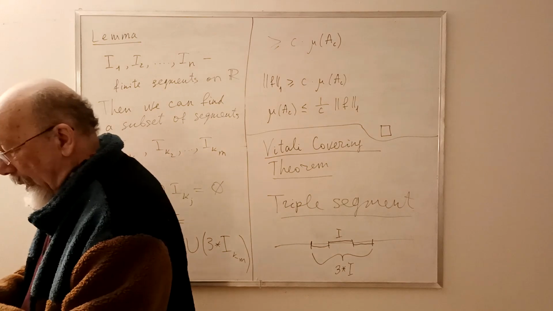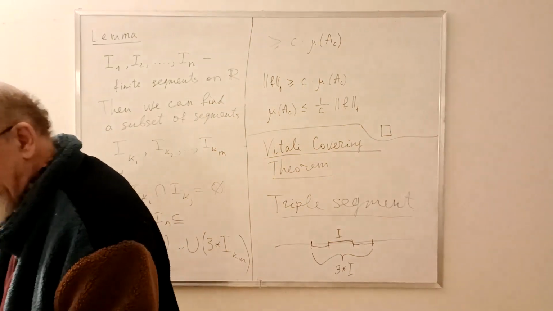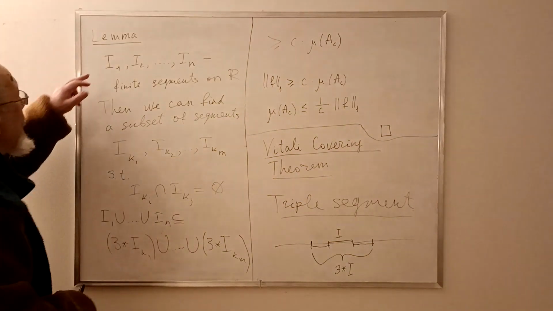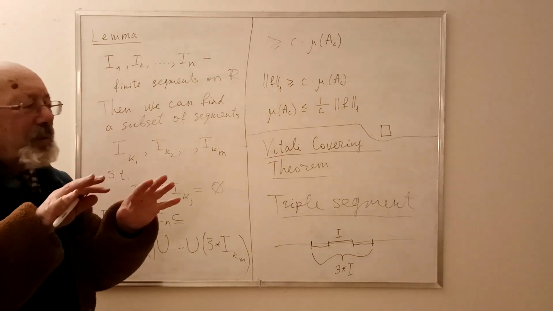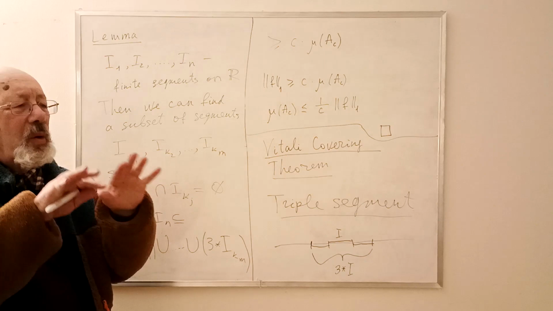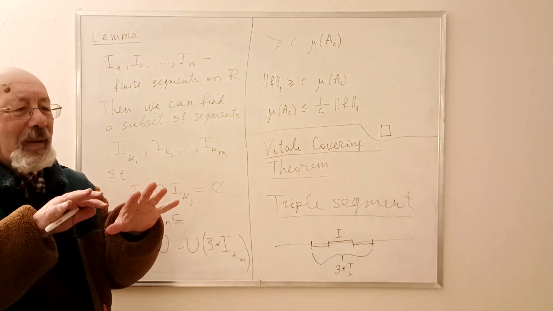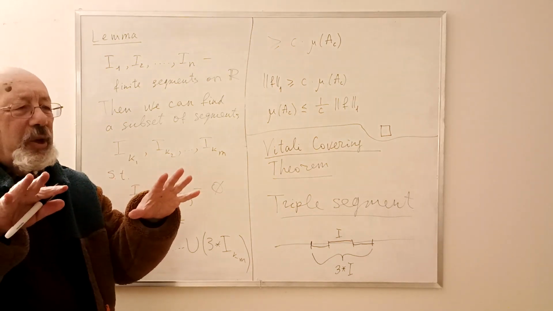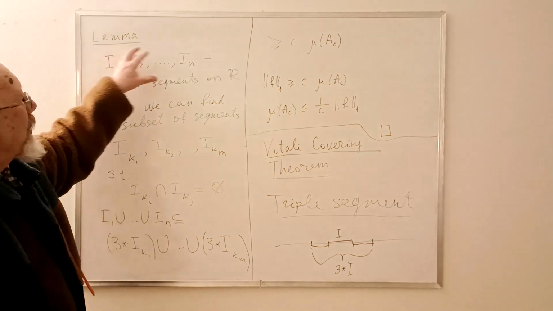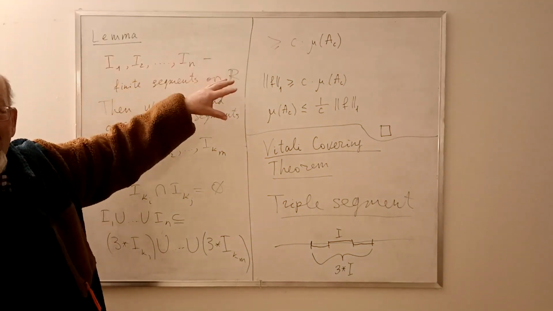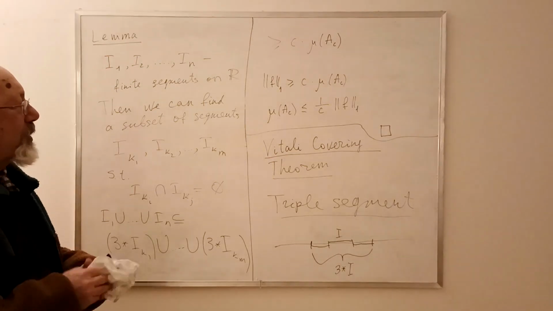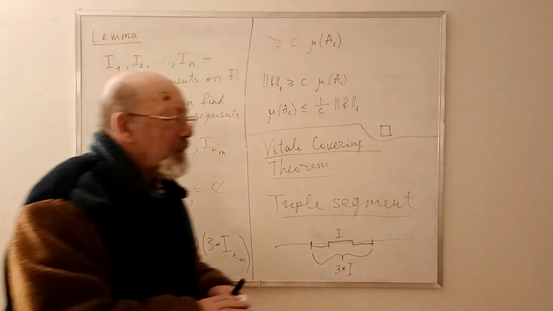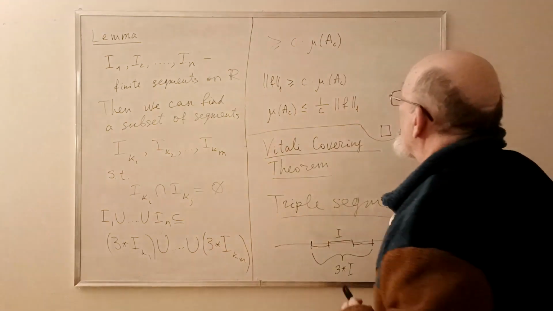So we can find among these segments a smaller number of segments which do not overlap themselves, but if they are tripled, they already cover all of them. And we will see very soon why it may be important.